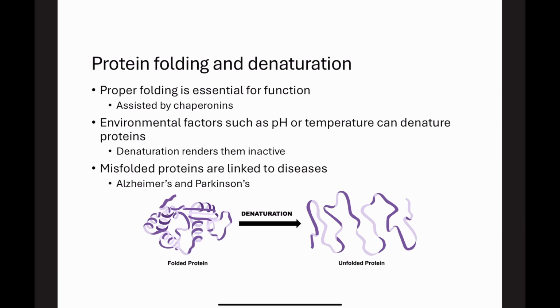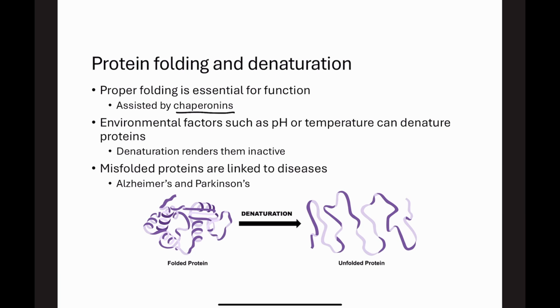Protein folding is usually assisted by chaperones, which protect the polypeptide chain while it folds from alterations in the normal environment. So if we have abnormal pH or abnormal temperature, these chaperones are going to protect the protein from these aberrations of appropriate internal cellular conditions.